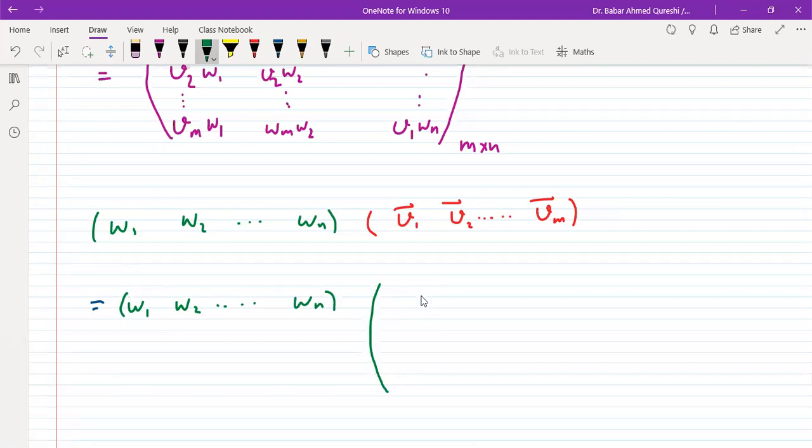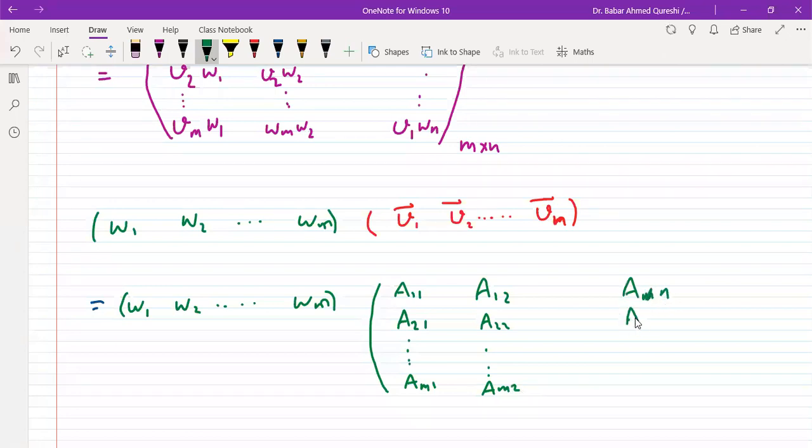Let's write it as A11, A21, down to M rows, and let's call the columns N. Then A12, A22, until you have AM2, and over here you have A1N, A2N, all the way to AMN.